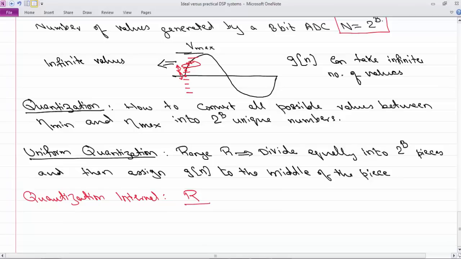So you divide it into R divided by 2 to the B. That's little delta, or some people write it capital delta. That's your quantization interval, or quantization bin size, quantization level, whatever you want to call it.